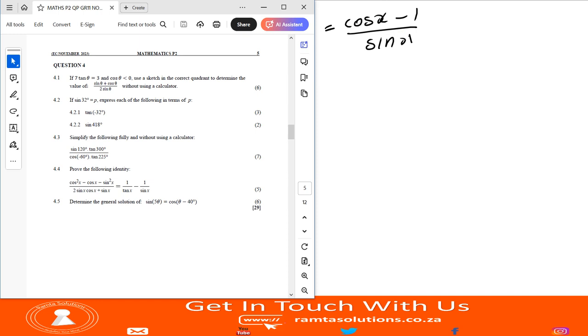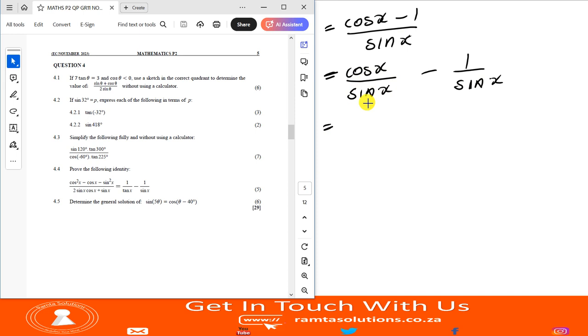Now, what you are seeing here is that you have cos x over sine x, minus 1 over sine x. Now, what you know, guys, tangent is sine over cosine.